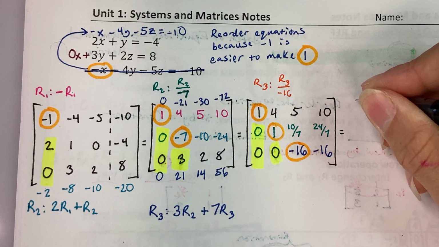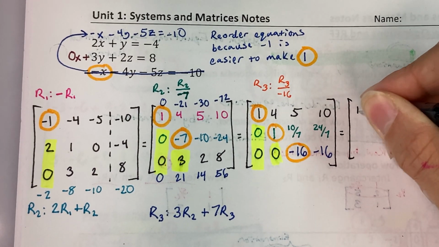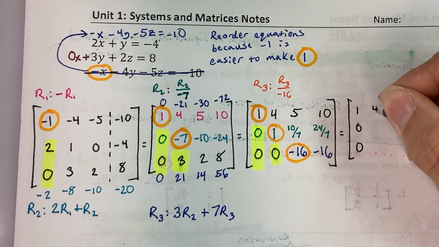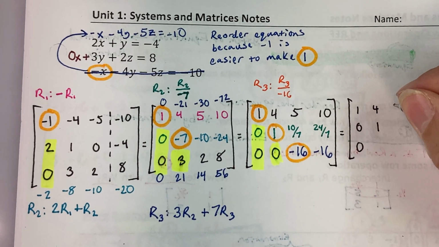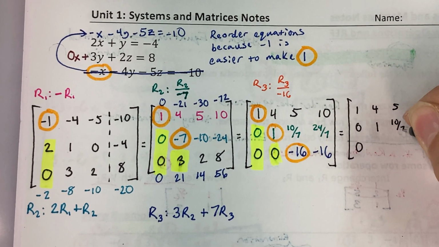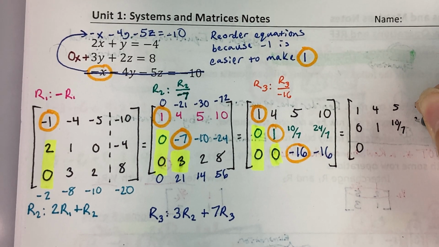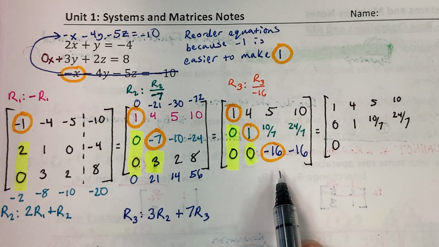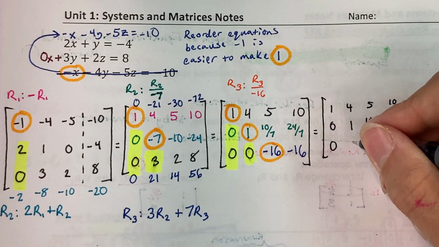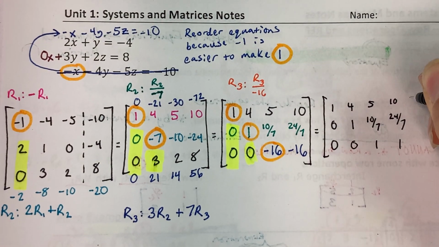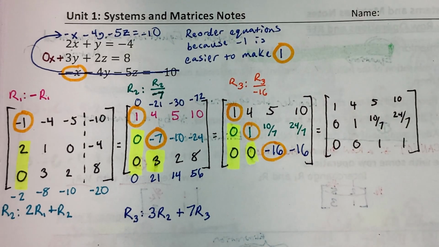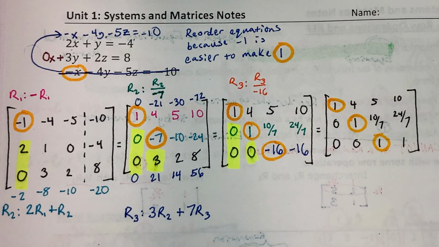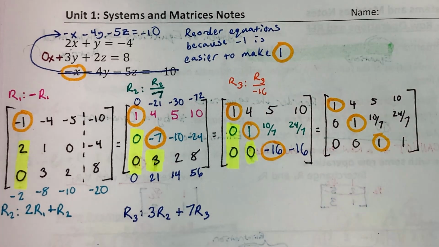And that will give me 1, 0, 0, 4, 1, 5, 10 sevenths, 10, 24 sevenths. And then divided by negative 16 gives me 0, 0, 1, 1. And that is the lovely row echelon form.